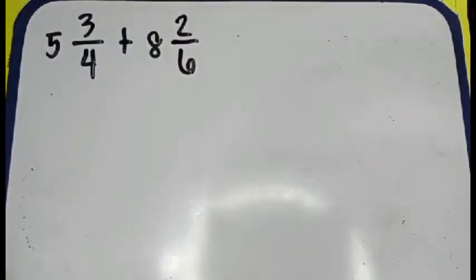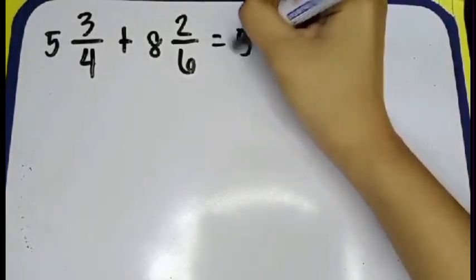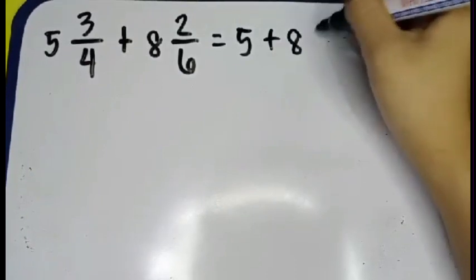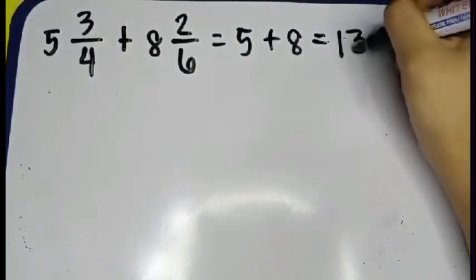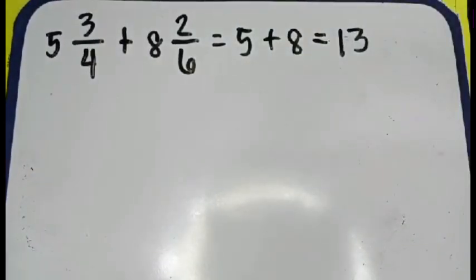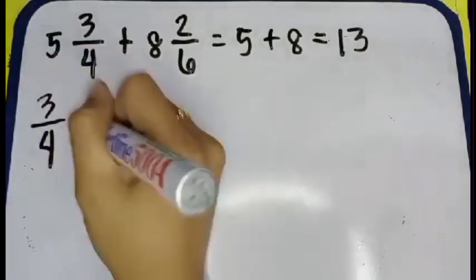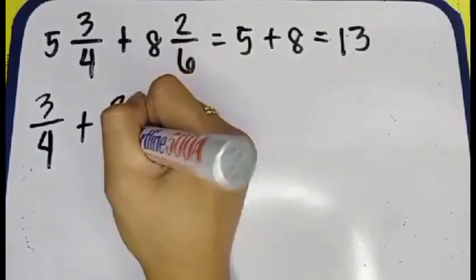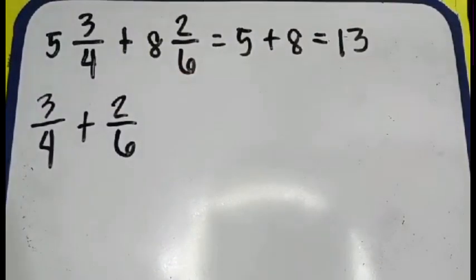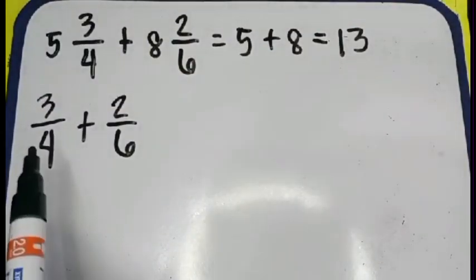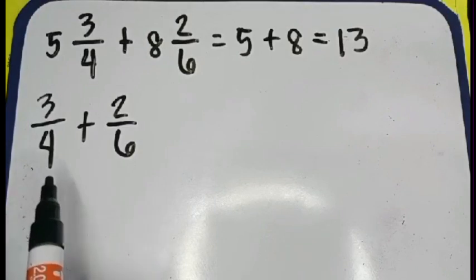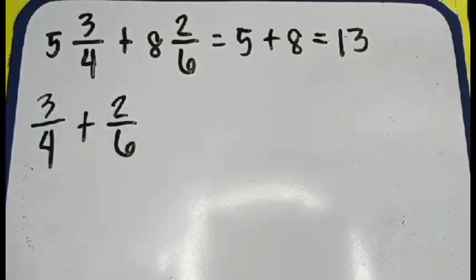What we're going to do is to add first the whole number, which is 5 plus 8. 5 plus 8 is equal to 13. Then, proceed naman tayo sa fraction, which is 3/4 plus 2/6. Hindi sila same ng denominator, so hanapin muna natin ang LCM ng 4 and 6, and that is 12.